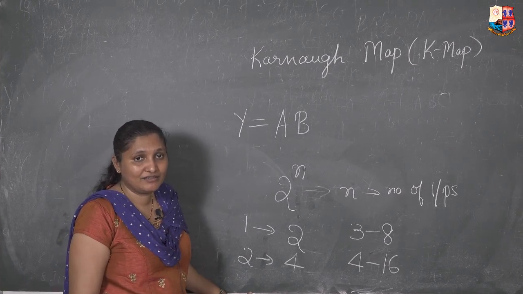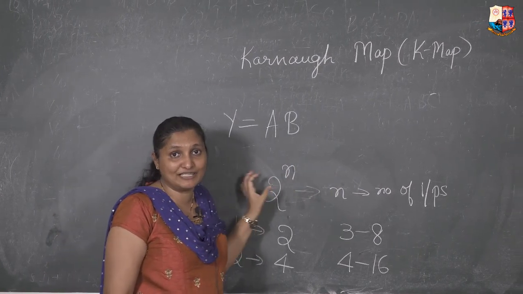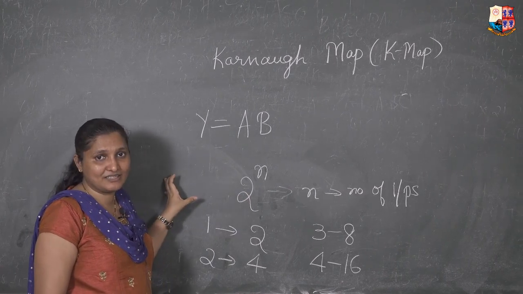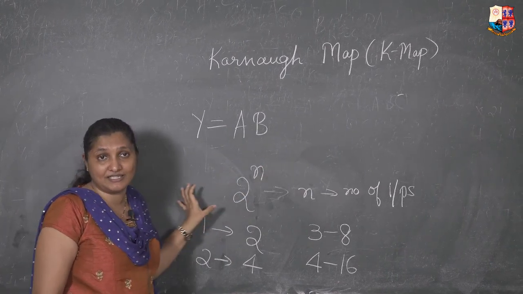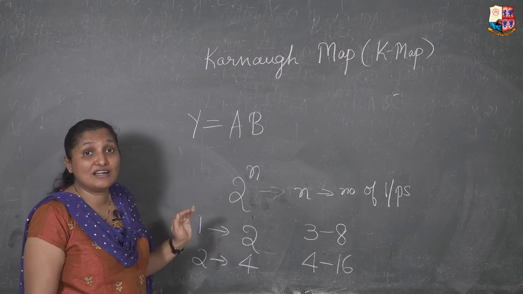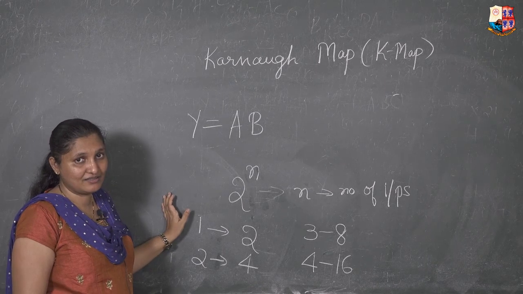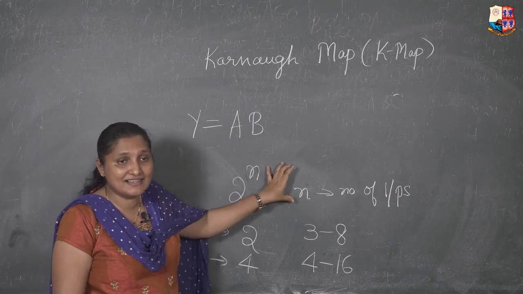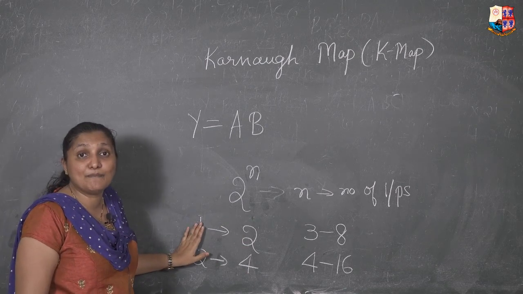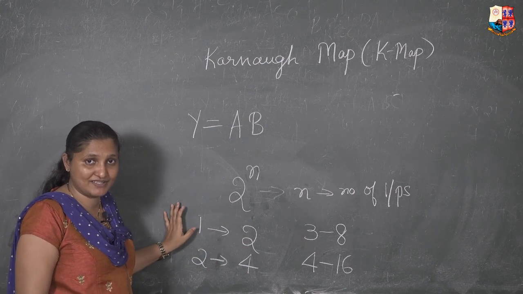K-map, I said, is a graphical method that uses boxes to represent these min terms, and these boxes are called cells. How many cells to draw depends on the number of input variables.